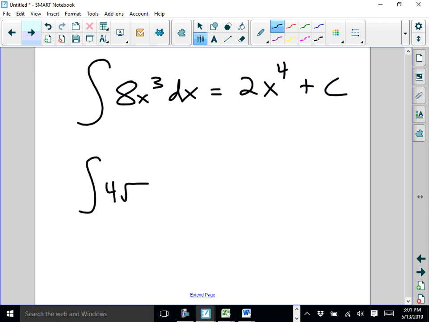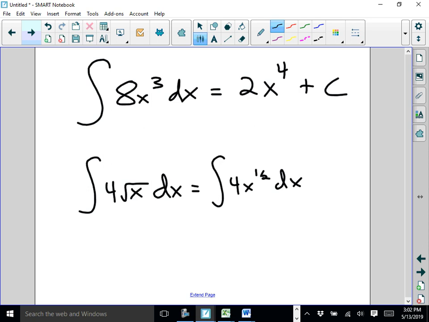Okay. If I want to do this antiderivative, again, it's going to be a bump and divide. It's going to help me to rewrite this thing first as 4x to the half. Notice, I still wrote the integral sign because I still haven't done the integral. All I did was rewrite it, so it's going to be easier to do the antiderivative.